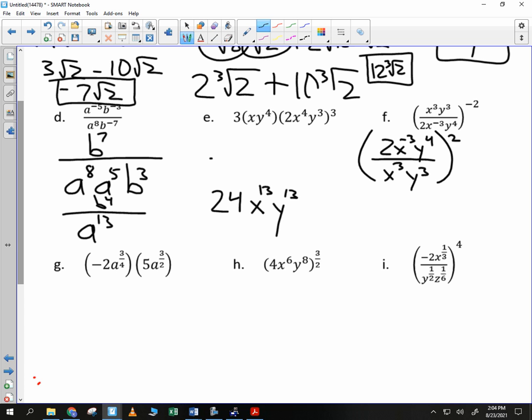So all I did is use up the negative on the outside exponent by flipping everything. What do you want to do next? You want to get rid of that negative guy right here. Okay, so we're going to go 2y to the 4th over x cubed times y to the 3rd squared.